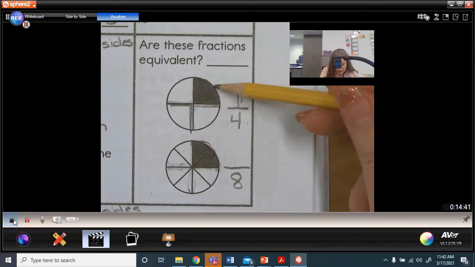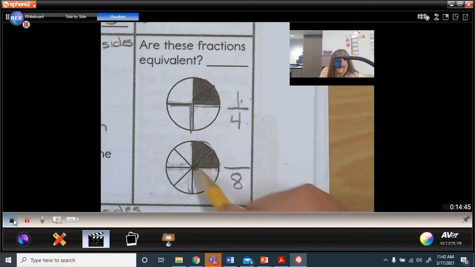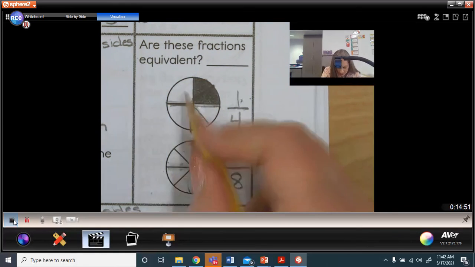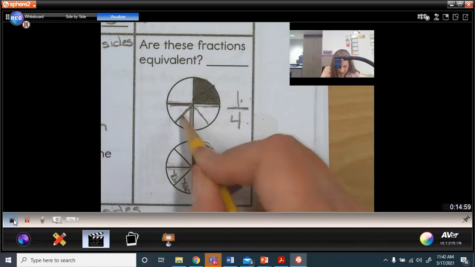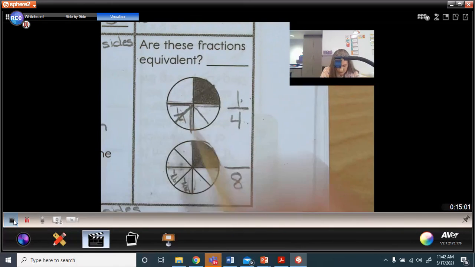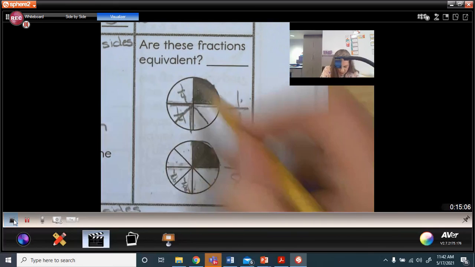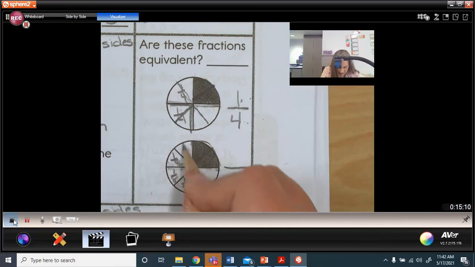Now, what you did here was you took each quarter or fourth and broke it up into 2 pieces. So this is an eighth, this is an eighth. And that's compared to this 1/4. There's 1/4 here. And again, we took that fourth, we cut it into two pieces. This is an eighth, and this is an eighth.